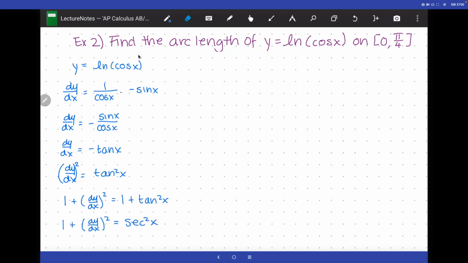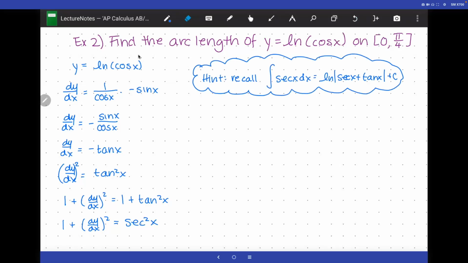But boy, isn't that convenient? Because when we put it into the formula, we're going to have the square root of secant squared, which is just secant. So you may or may not have to know how to find the antiderivative of secant. Anybody remember what that is? I know, right? Here's a little hint. Go ahead and finish the problem now.